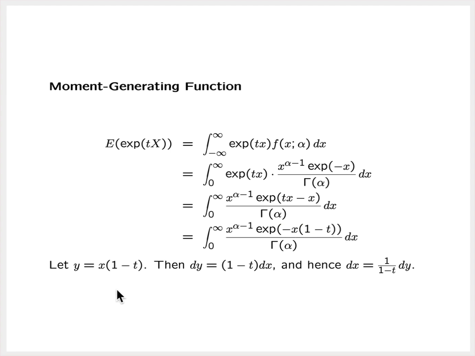And the reason we want to do this is because we're going to do the integration by substitution, where we're going to define a new variable of integration. We're going to call it y. We're going to let y be equal to this part of that exponent, x times 1 minus t. And so when we do that, the differential of y is equal to 1 minus t dx, and therefore the differential of x, dx, which shows up right there, is 1 over 1 minus t dy.